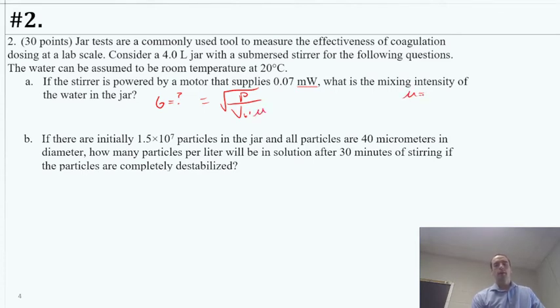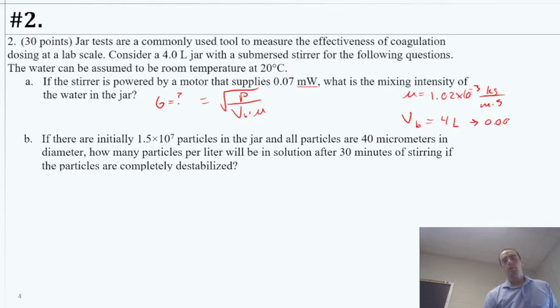So the dynamic viscosity at 20 degrees Celsius was 1.02 times 10 to the minus third kilograms per meter second. The volume of this reactor is 4 liters, but we need this to be in meters because all the other units are in meters. So if you didn't do that, that would be a problem. So that's going to be 0.004 cubic meters because there's 1,000 liters per cubic meter.